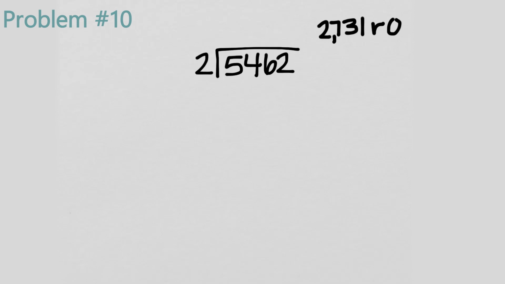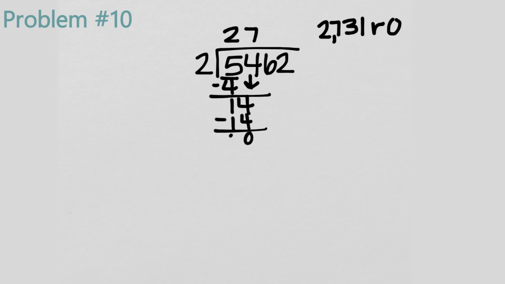How many times does 2 go into 5? 2 times. 2 times 2 is 4. Bring down the 4. 2 goes into 14 7 times. 2 times 7 is 14. Subtract. Bring down the 6.